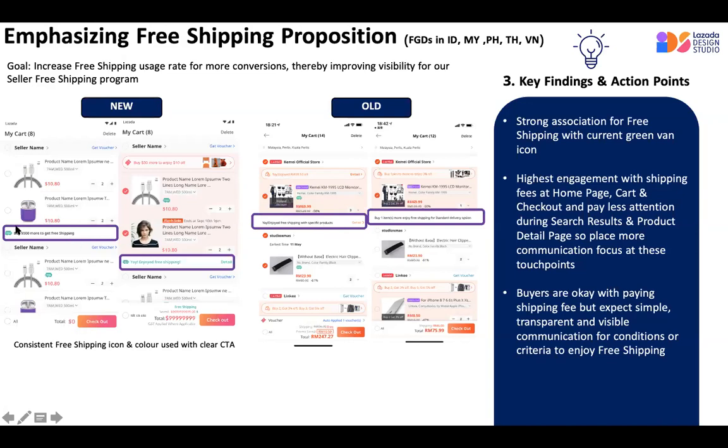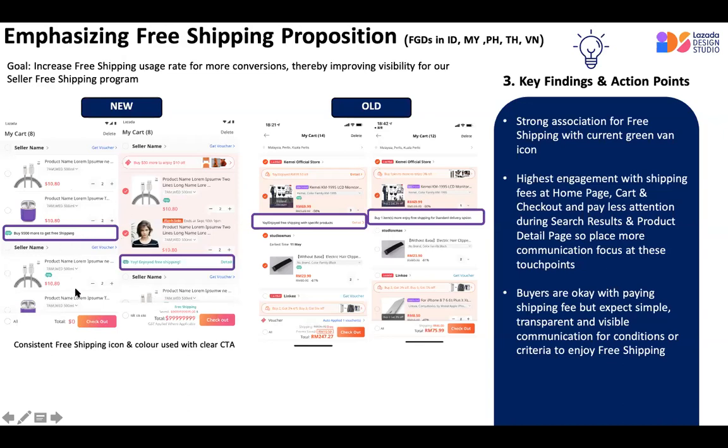So this one is a consistent free shipping color icon, which is a green one. And this color is used with a very clear CTA, call to action. And also, this one mentions that if you buy this much amount, only then you will get it. This is obviously a prototype, not a real one, but we've already launched this now, so you can see the live version as well.